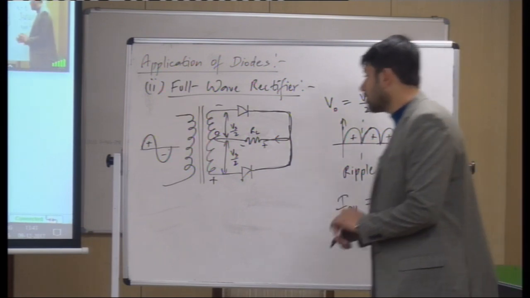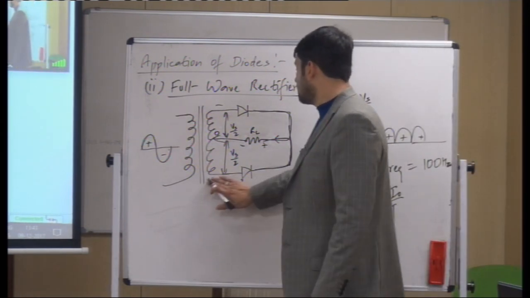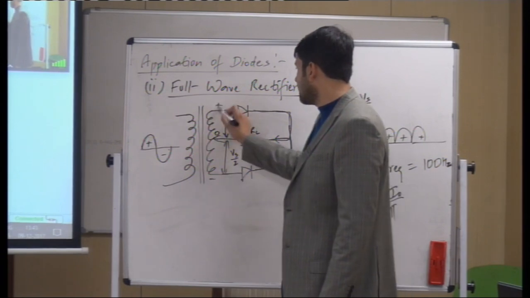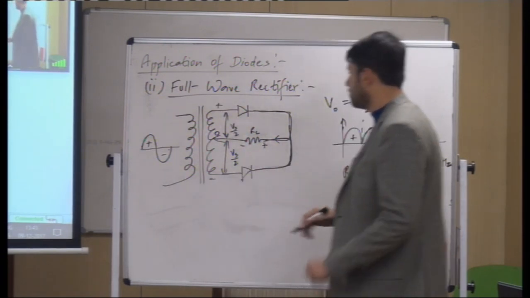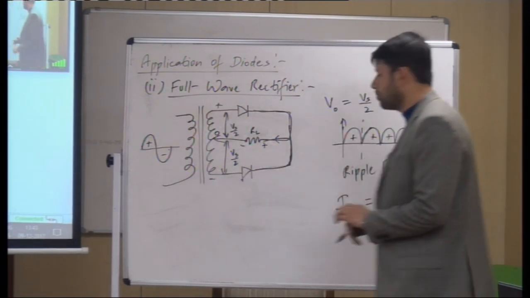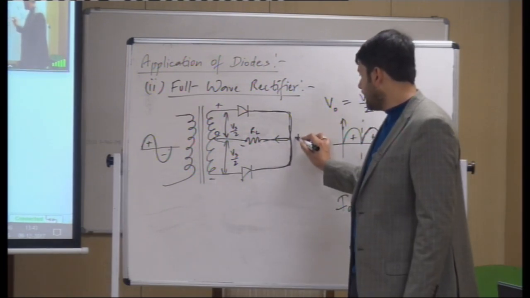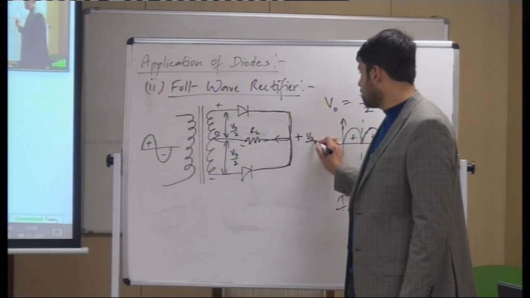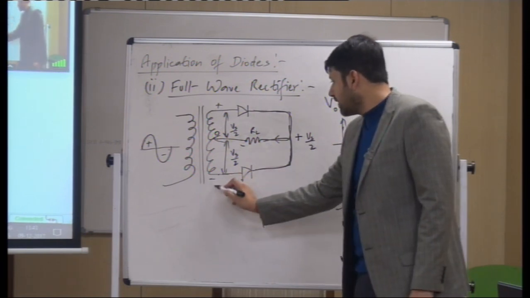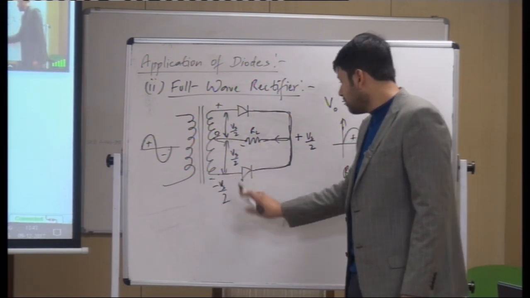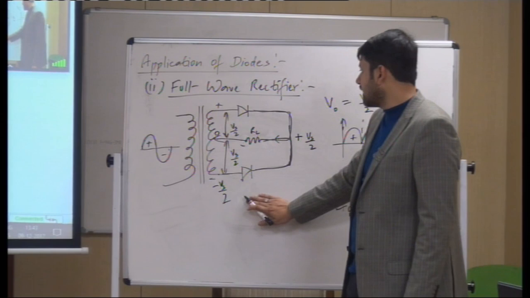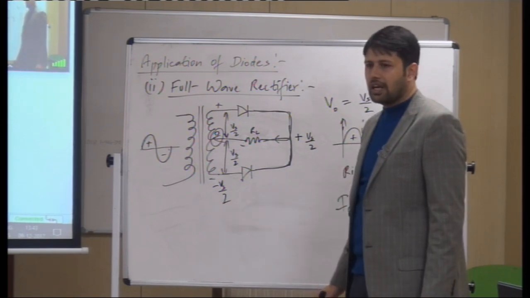Now let's talk about breakdown voltage scenario. Let's say this is a positive half cycle scenario. Till this point, the voltage is plus Vs by 2. Here the voltage is minus Vs by 2. This I am writing considering 0 at the center tap.